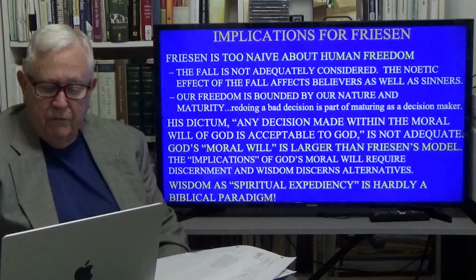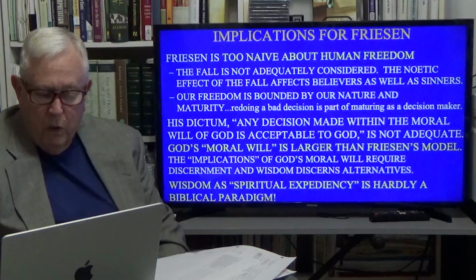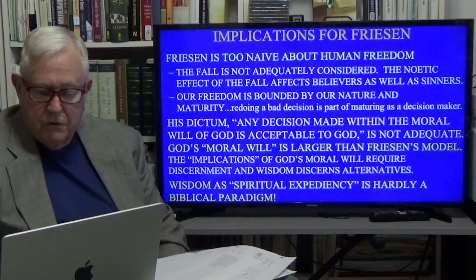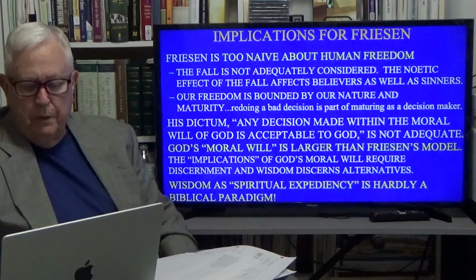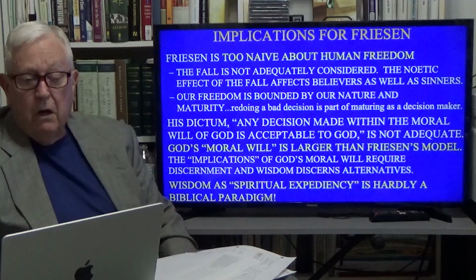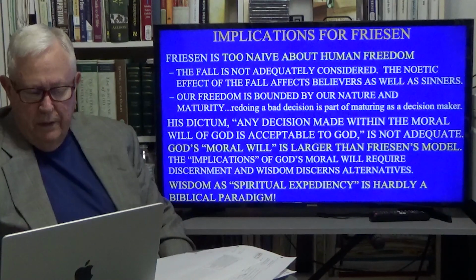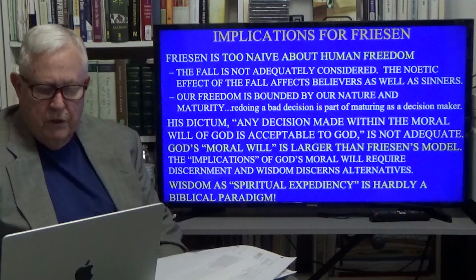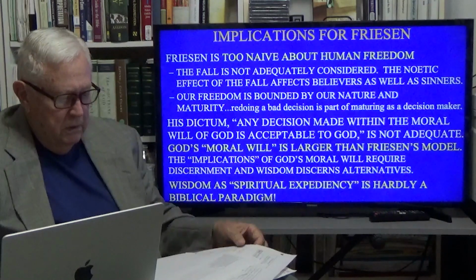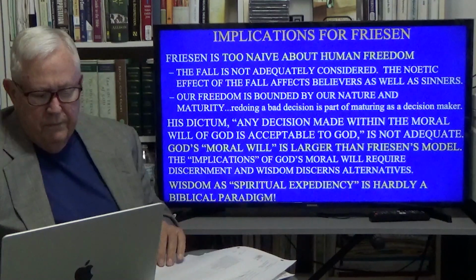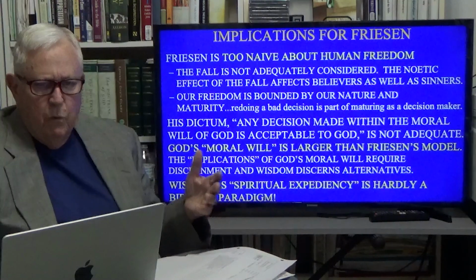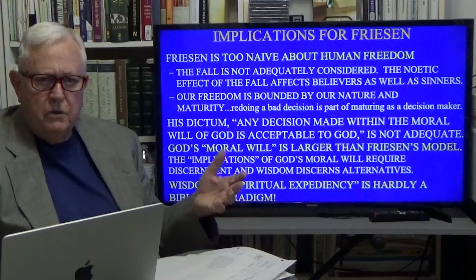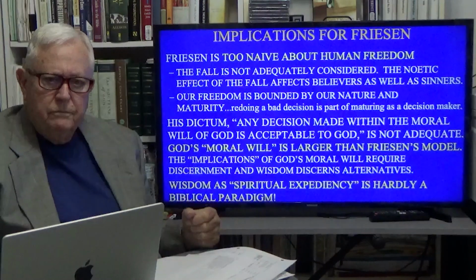The implication of God's moral will requires discernment, and wisdom discerns the alternatives. Wisdom as spiritual expediency is hardly a biblical paradigm. We talked about wisdom in the Old Testament lectures, and wisdom really is an expression of a worldview and value system based on law, but not quoting the law.